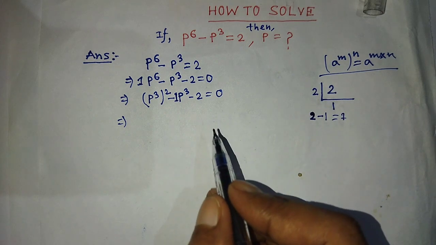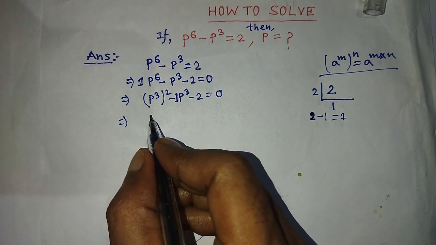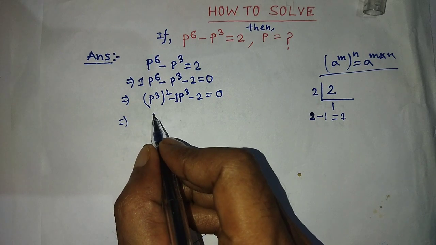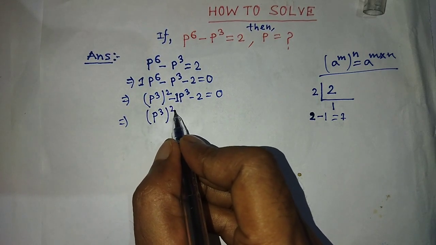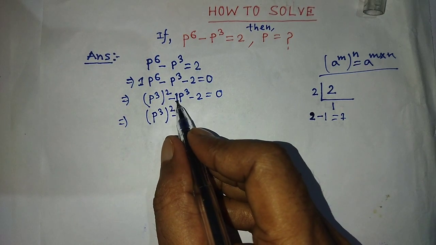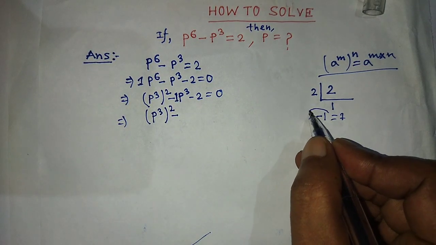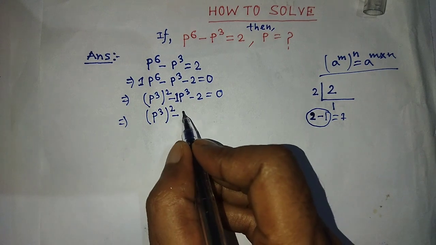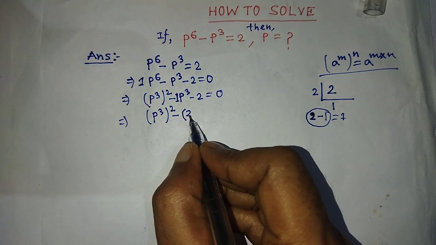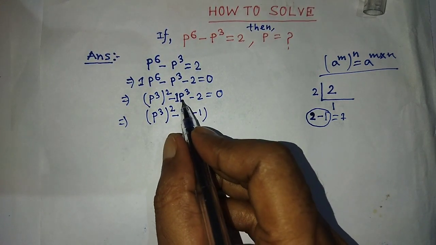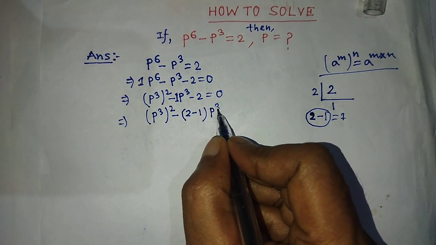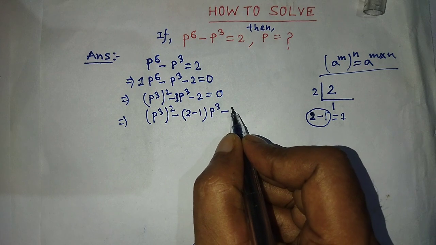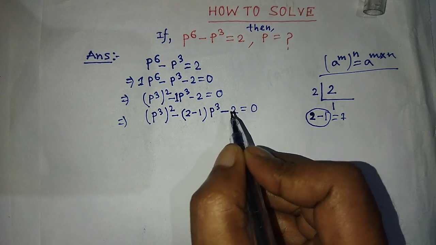Okay, so my dear student, after that we can write on the left hand side p to the power 3 whole to the power 2 minus, and in the place of 1 we have to use 2 minus 1. So you have to write here 2 minus 1, and here is p to the power 3, so again you have to write p to the power 3 and minus 2 is equal to 0.